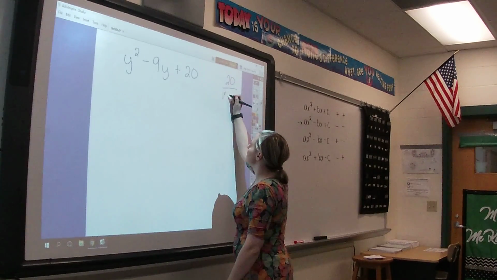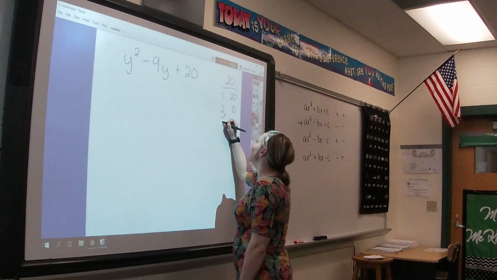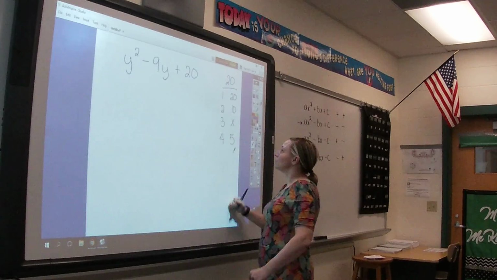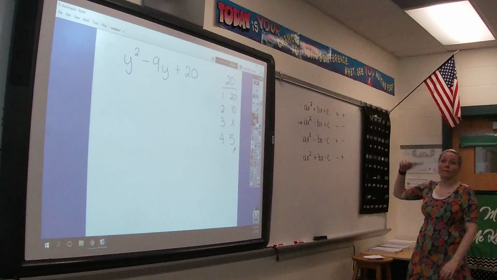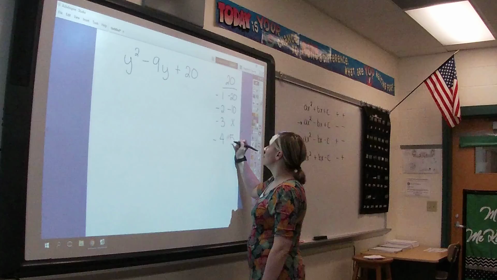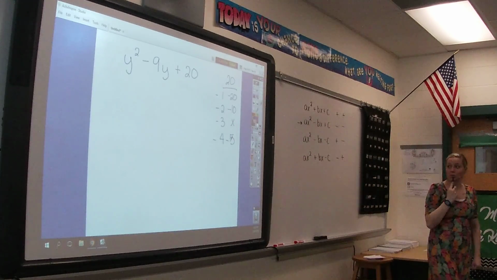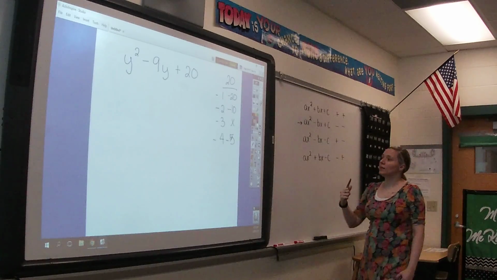So 1 times, 2 times, 3 times, 4 times. This is one where everything is negative, because if we look over here, they're both negatives. What pair are we going to pick? The 4 and 5. The negative 4 and the negative 5.